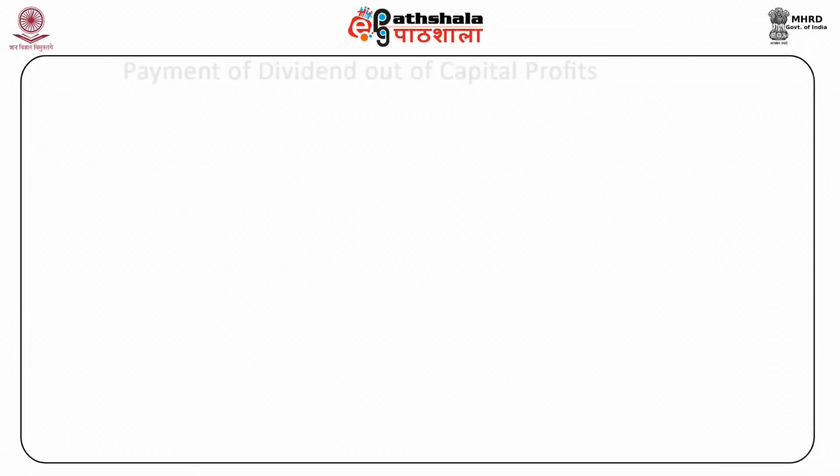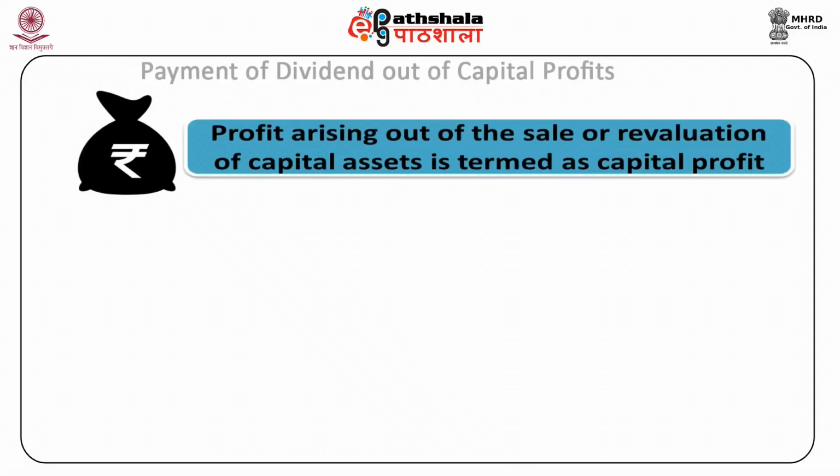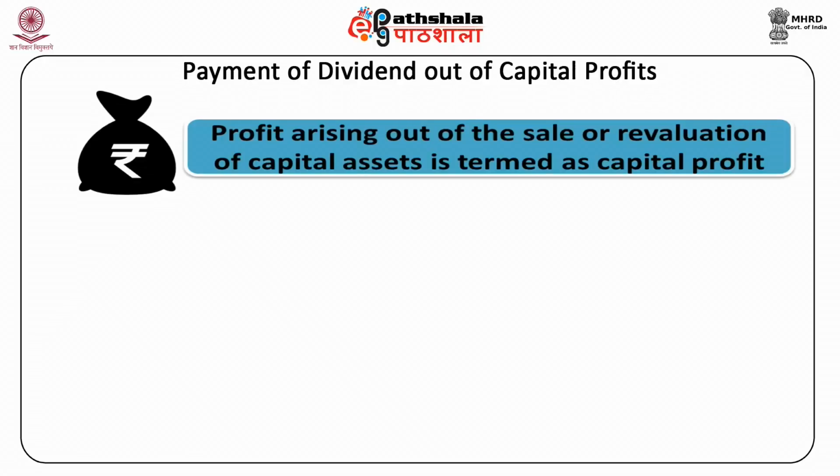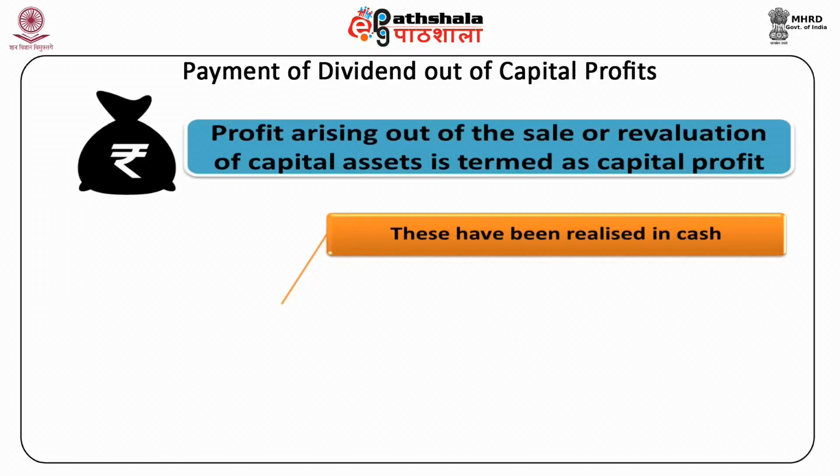Payment of dividend out of capital profits. Profit arising out of the sale or re-evaluation of capital assets is termed as capital profit. Capital profits may be utilized for the purposes of declaration of dividend provided A. These have been realized in cash.